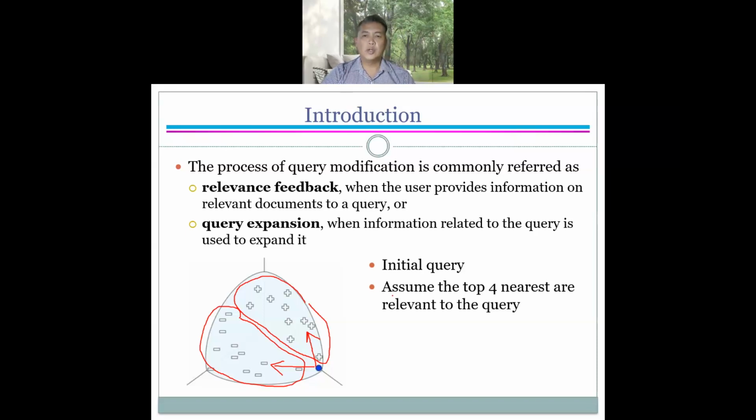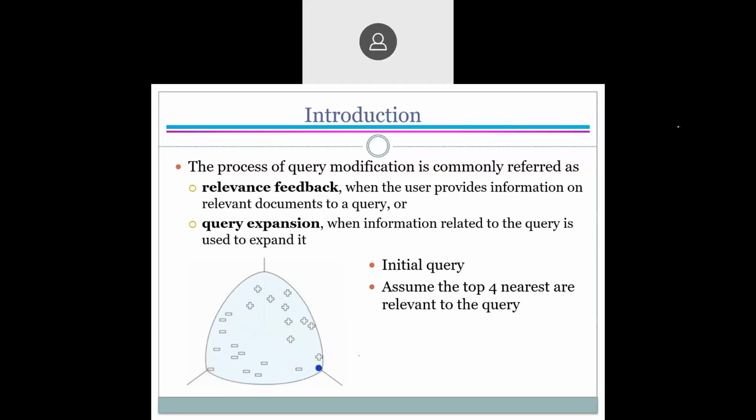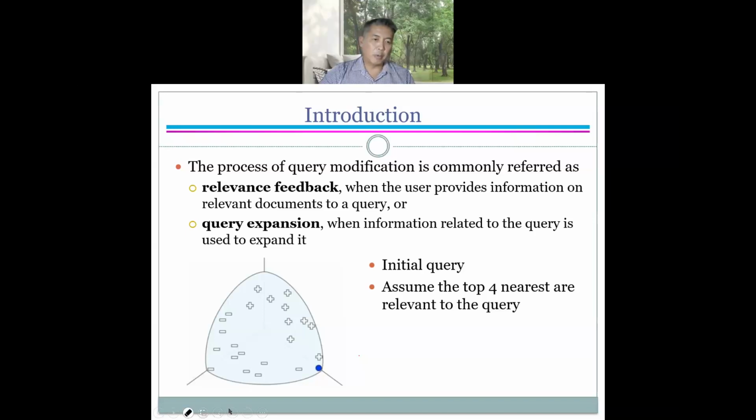So when we assume the top nearest neighbors, we are looking at the positive and negative documents which are nearer to the point.